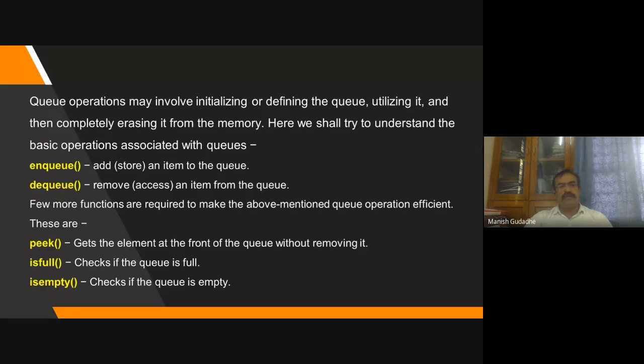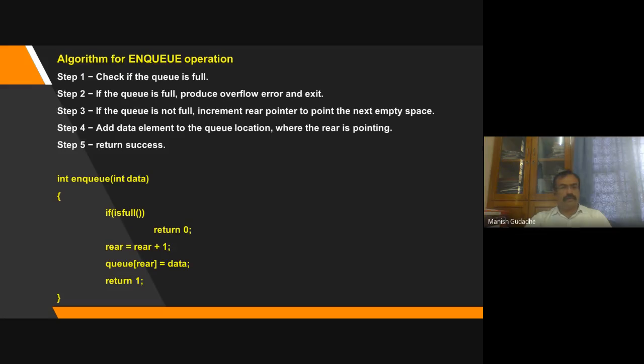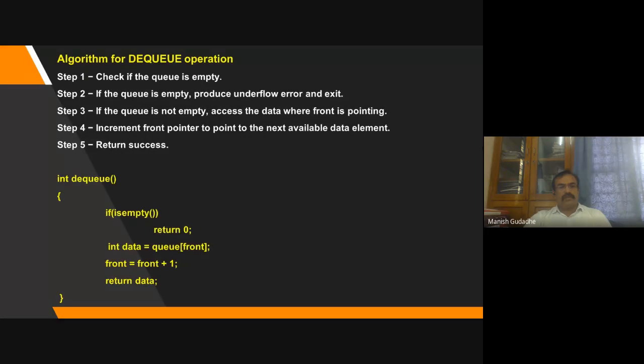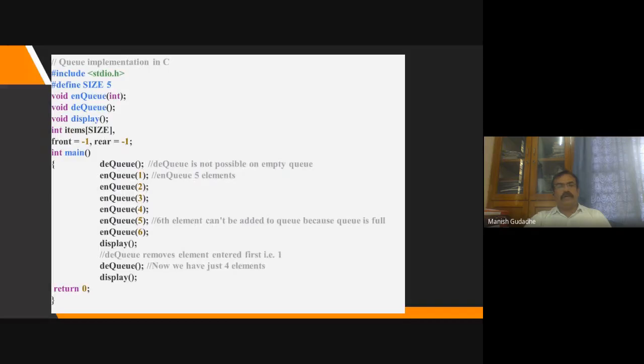Yesterday we have seen the enqueue and dequeue functions, and the working of the queue also. So what we need to keep in mind, if I am designing a queue, is that there are two operations to be performed, insertion and deletion. While inserting, I need to check whether the queue is full or not.